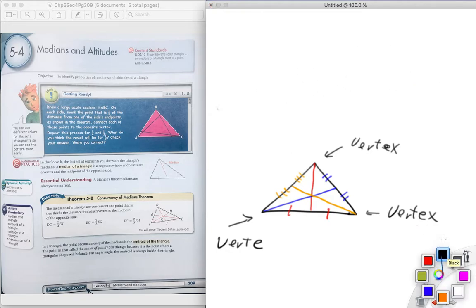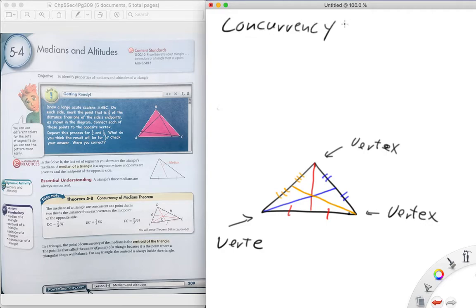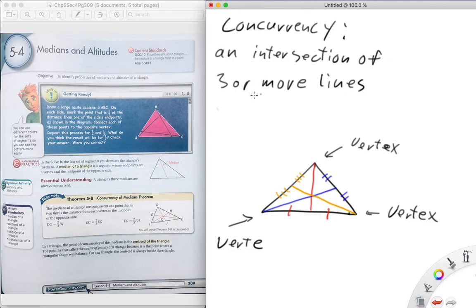So what concurrency means, if I spelled that right, concurrency means an intersection of three or more lines, an intersection of three or more lines. So here would be my point of concurrency, because these are where my three lines intersect. All right. Concurrency of medians of a triangle.